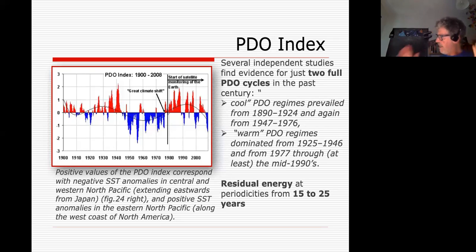But the direct observation keeps track of two full PDO cycles.